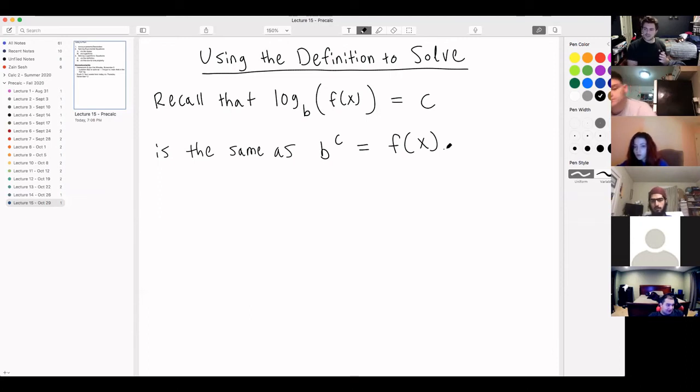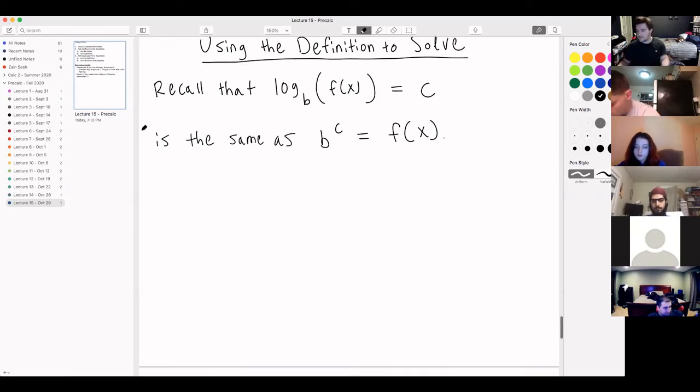That is quite literally the definition of the logarithm. We're converting from log form to exponential form, and we're going to use this to solve equations.